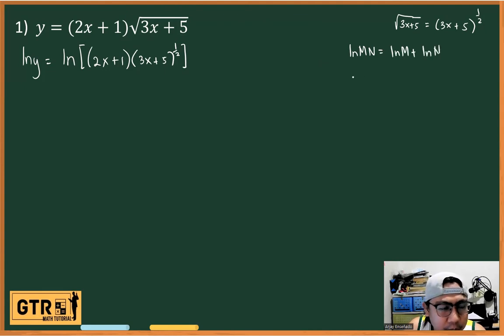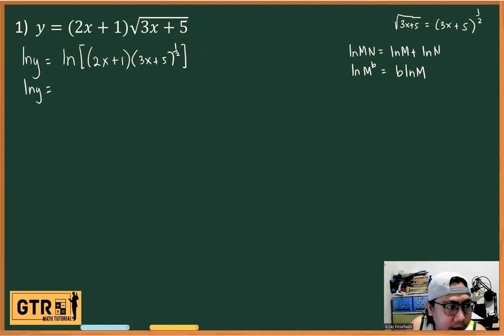Okay? And then if we have exponent, so we have ln m to the, let's say, b, that is simply equal to b. So the exponent multiply to this ln m. So b times ln m. So apply that property. So therefore, we can now have ln y equals, so logarithm of product is equal to the sum of the logarithm.